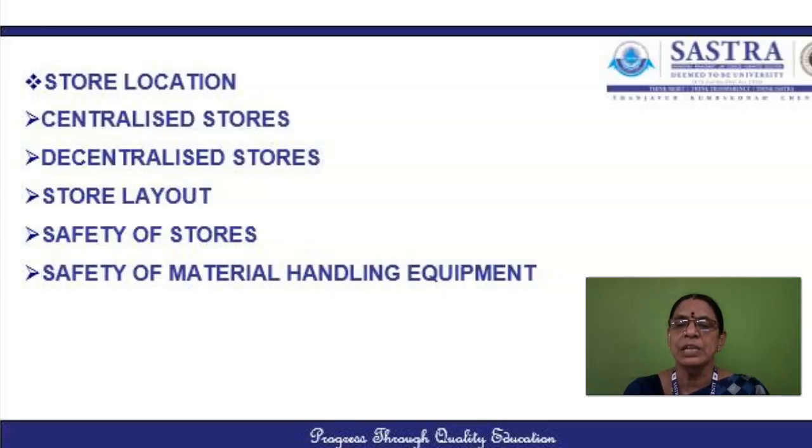If there is an expansion of the production departments, there may be a requirement of storing additional materials in the stores. So while selecting and establishing a place for stores, future expansion should be kept in mind.